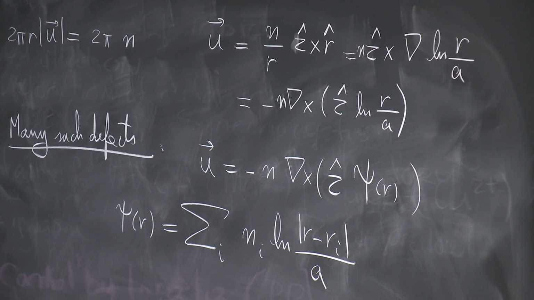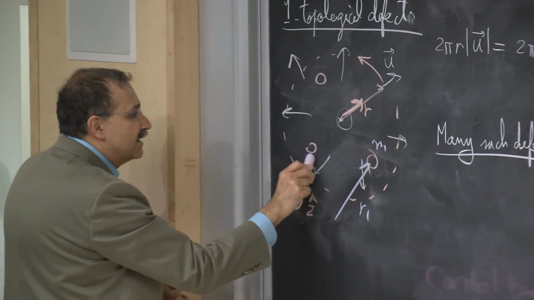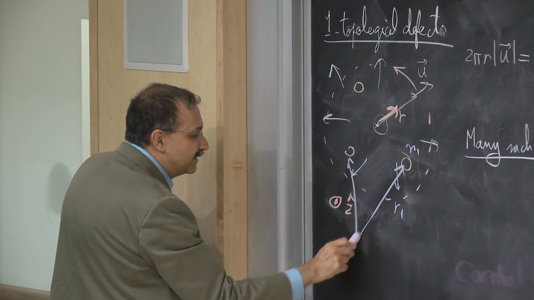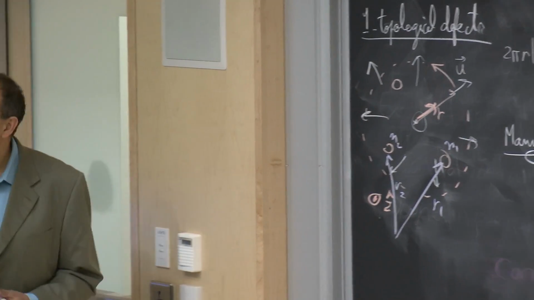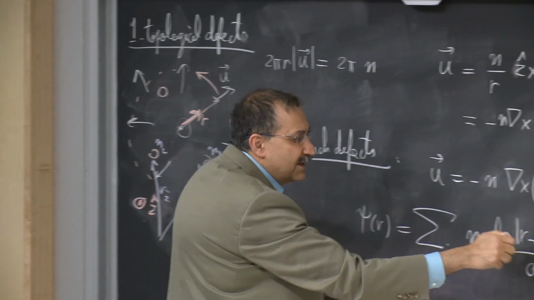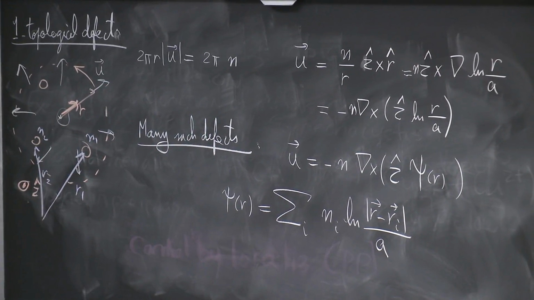So there could be a vortex here at r1 with charge n1, another topological defect here at r2 with charge n2, and so forth. And I can construct a potential that basically looks at the log of r minus ri for each individual one, and then do this. Okay?